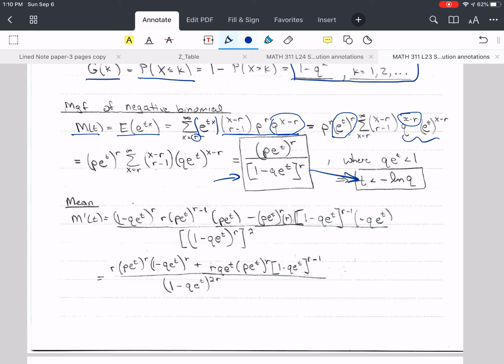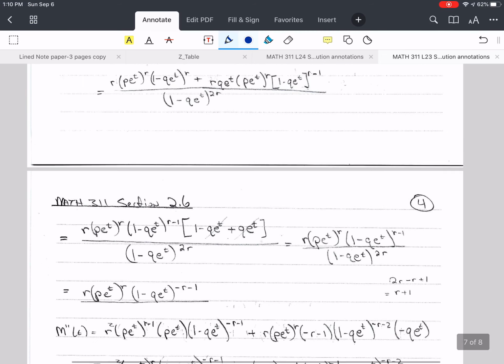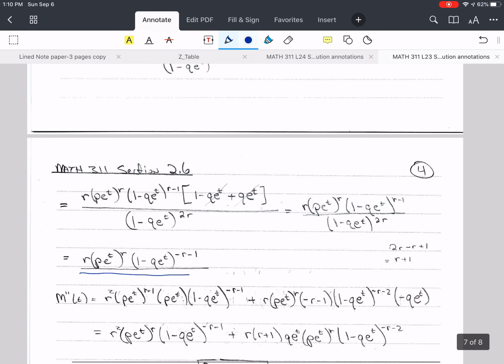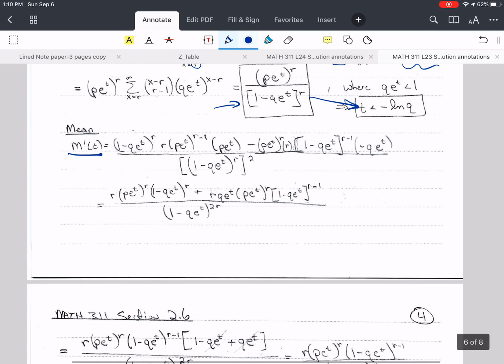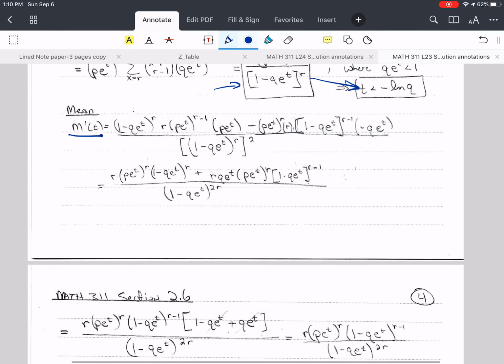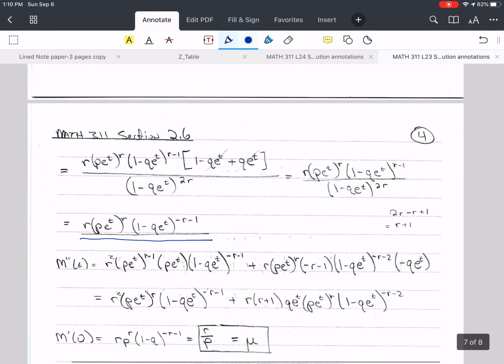Now, to get the mean and the variance, we need to take the derivative of the moment generating function, which I've done here, and here is the final form of that. So I'll let you look through those calculations, make sure you can follow it. Here I've used the quotient rule for the first derivative, and then you'll notice I expressed it as a product.